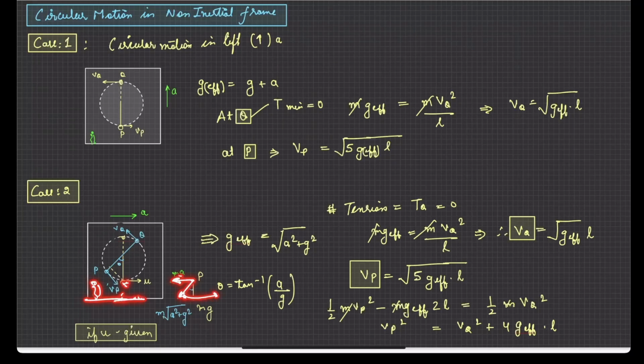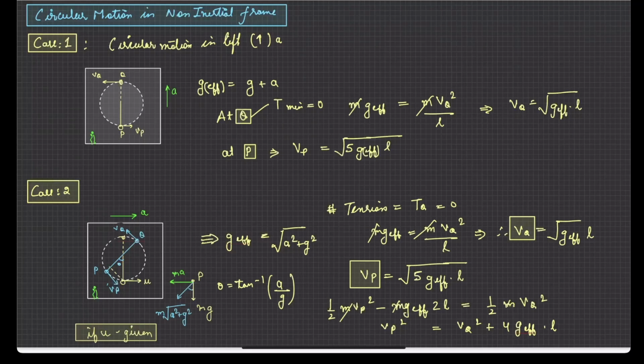So this is nothing but root g square plus a square, और इन दोनों के बीच में angle theta कितना होगा, theta will be ma divided by mg, which comes out to be equal to tan inverse a by g. This theta will come out to be tan inverse a by g. और g effective कितना है मेरा, root a square plus g square, that is my g effective, ठीक है. So there is two ways to solve it.